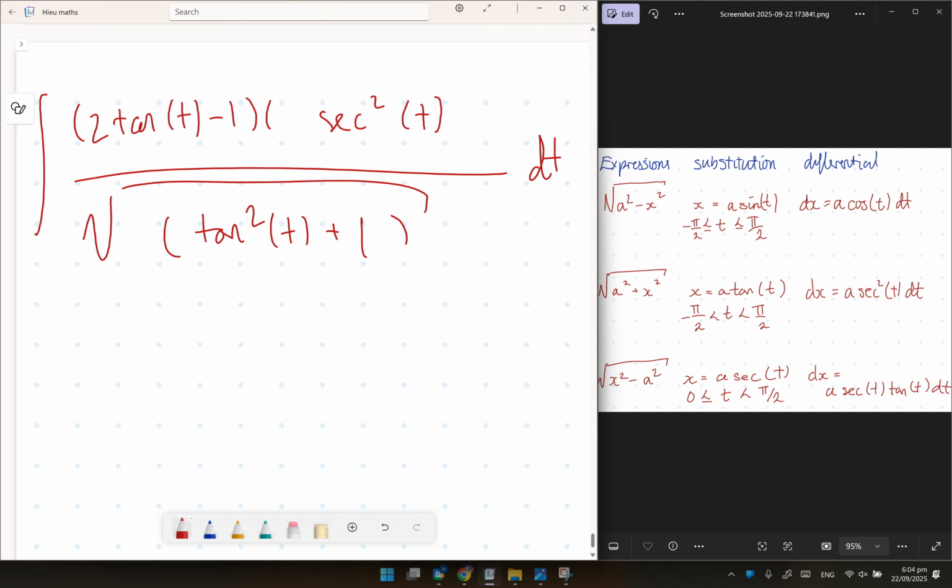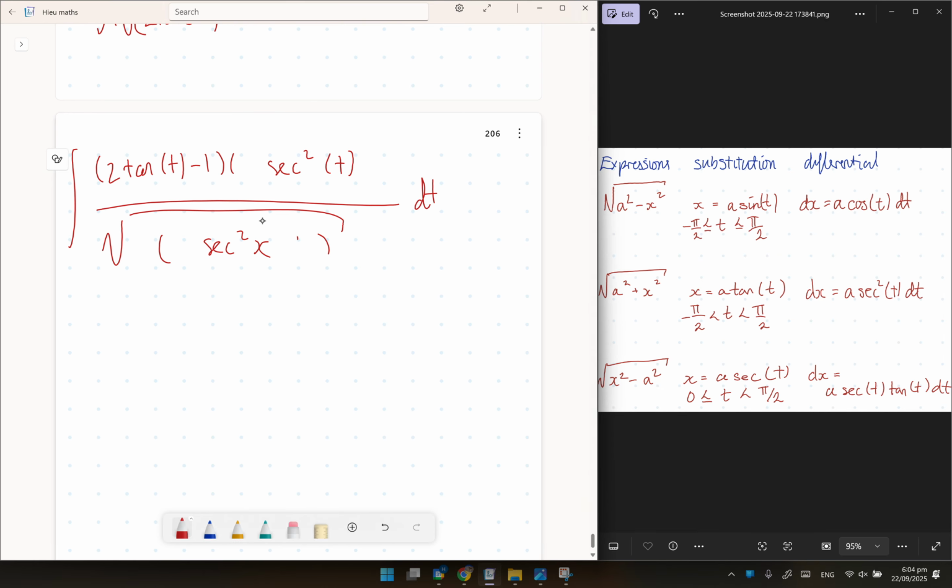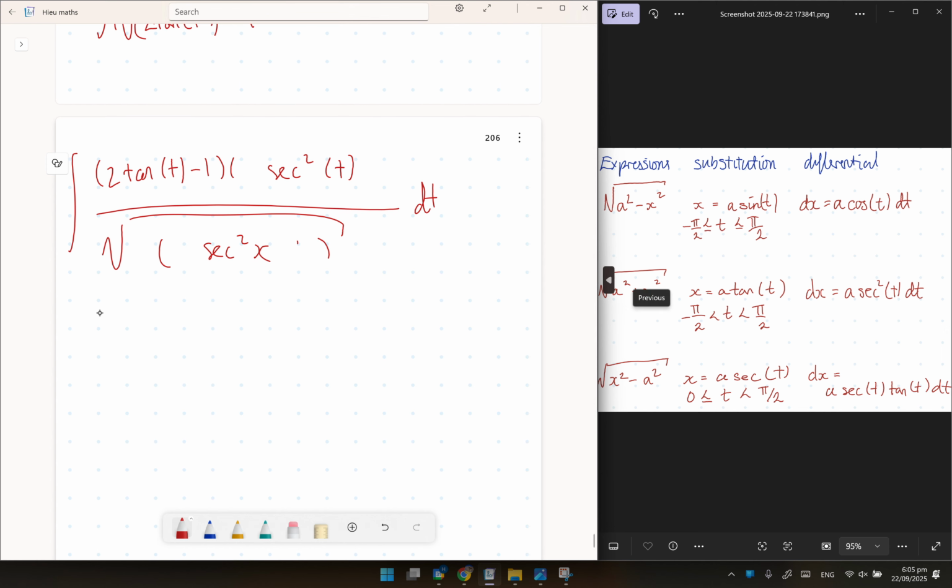If you remember, tan squared plus 1 is just sec squared. So we have the square root of that. We're giving it a domain where it's positive, so we can assume it's positive.